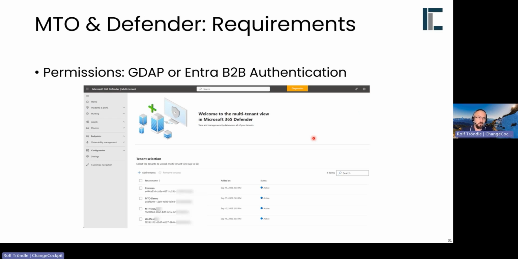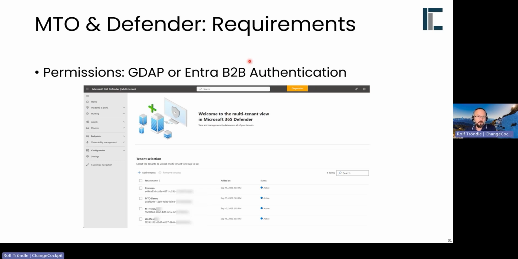First of all, for this portal, you need permissions to all tenants for your admin users. So let's say you are the admin at this Contoso tenant, then you will need security permissions to the security portal in Contoso, but you also need permission for the same user in the Change Cockpit tenant.